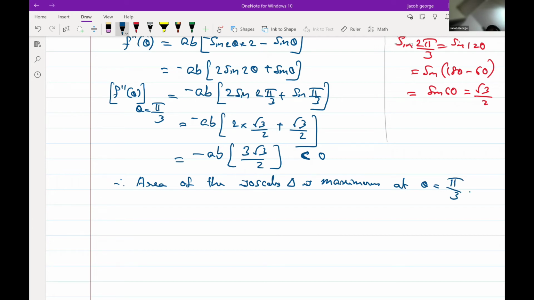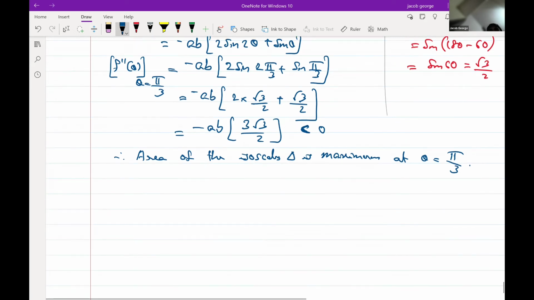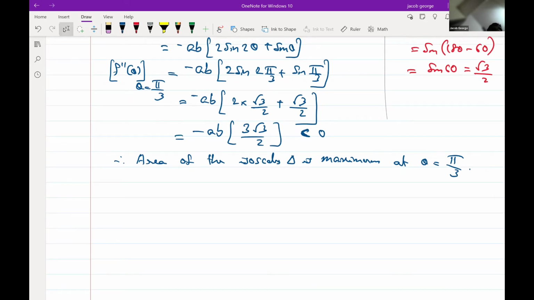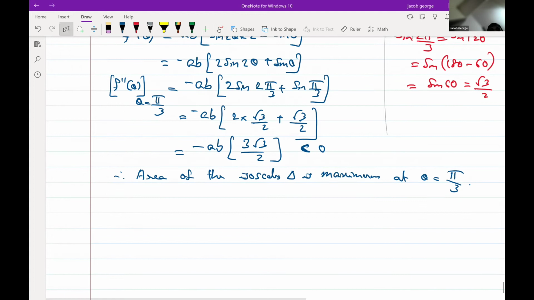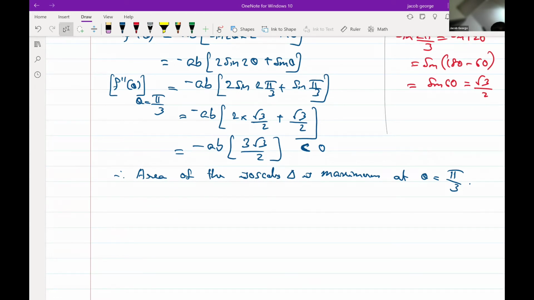Now the next step is to find out the maximum area. For that, you will copy the area expression. Now the maximum area is equal to, so this was the area that we have already written, AB sine theta into 1 plus cos theta from the above steps.